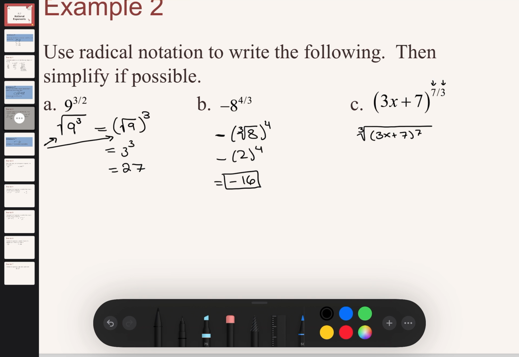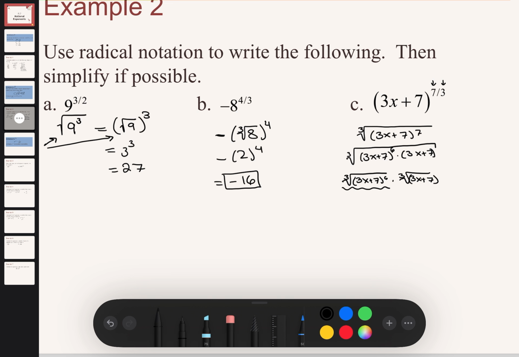So 3x plus 7 to the 7th, I could split into 3x plus 7 to the 6th times 3x plus 7, and I'm allowed to separate 2 terms that are under the same radical sign, okay? So I can split this into the cube root of 3x plus 7 to the 6th times the cube root of 3x plus 7. How could I rewrite this first term?